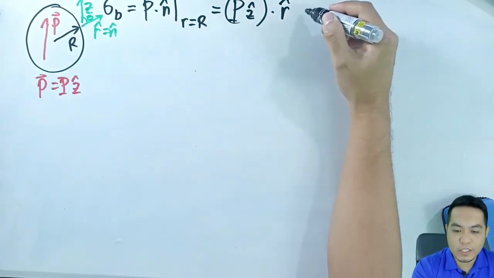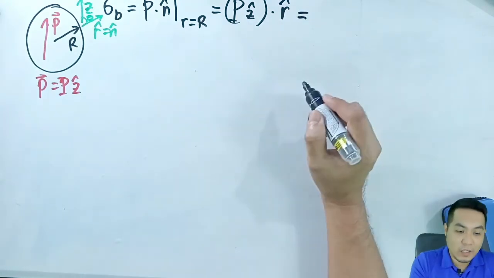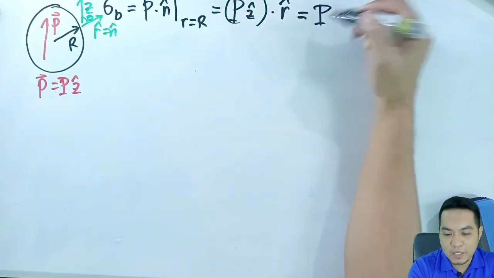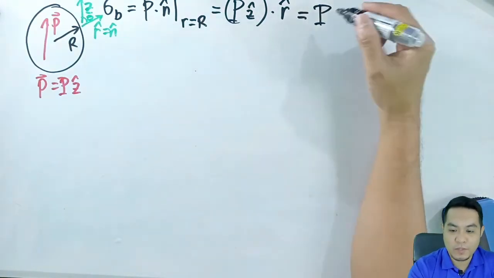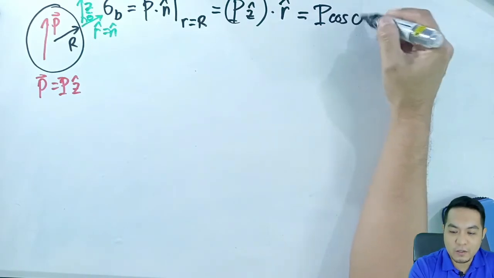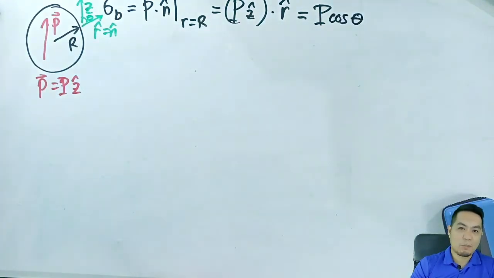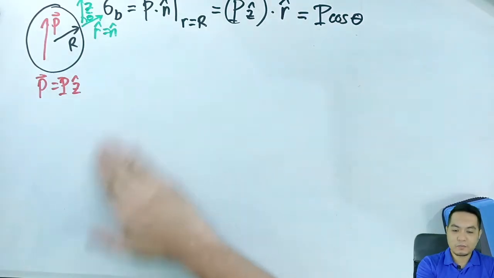Using the general definition of the dot product, it is the magnitude of the first vector, p, times the magnitude of the second vector, a unit vector, which is 1, times cosine of the angle between them. So this is the surface bound charge density, p cosine theta. It depends on the angle theta between your r vector and your z-axis.